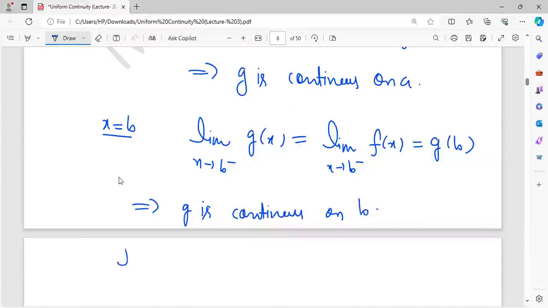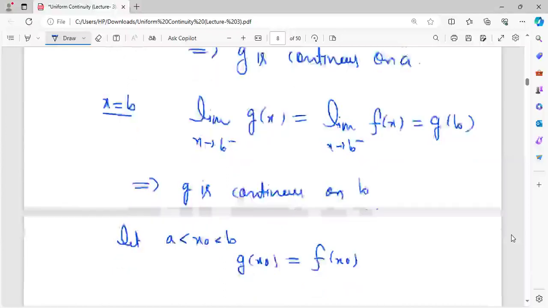Now, if we take any point in between, then my function g(x0) is nothing but f(x0). But in the open interval (a, b), my function f is already continuous.